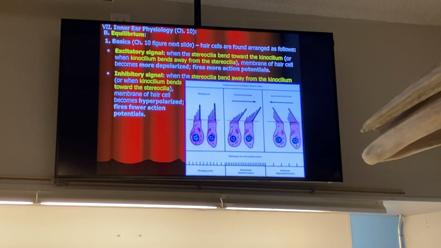Bend the stereocilia away from the big club, or bend the big club toward the stereocilia, and you hyperpolarize the hair cell, and you alter the resting tone to fire slower. Everybody understand what's going on in this picture? You see how depolarizing excitatory and hyperpolarizing inhibitory is still all the way to the end of this lecture, exam 2 material.